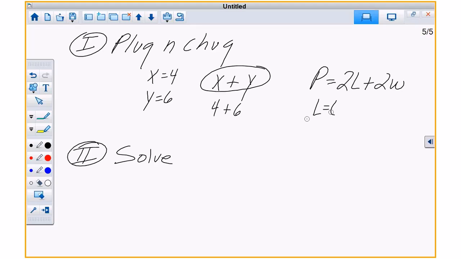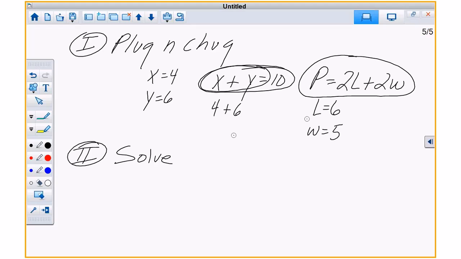L is equal to 6. W is equal to 5. This is a formula. This is an equation. This is just an algebraic equation. This is a formula. A formula is more detailed, and it usually has a what?